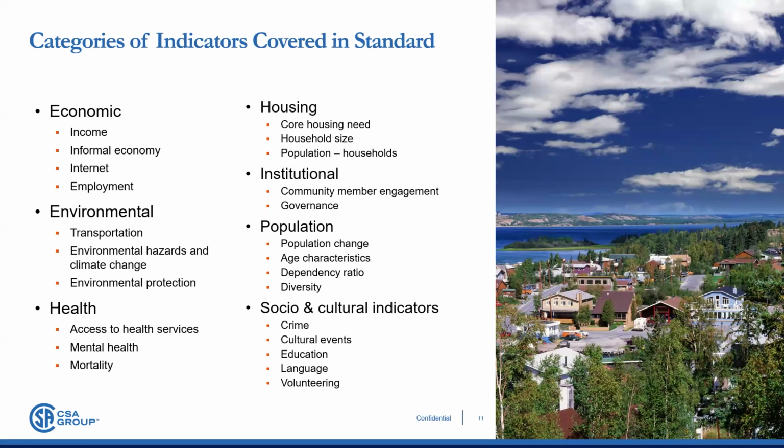So just quickly to highlight the indicators covered in the standard, in the following presentation, a lot more depth is going to go into certain aspects of this, but we did cover 7 major categories: economic, environmental, health, housing, institutional, population, and social and cultural indicators.